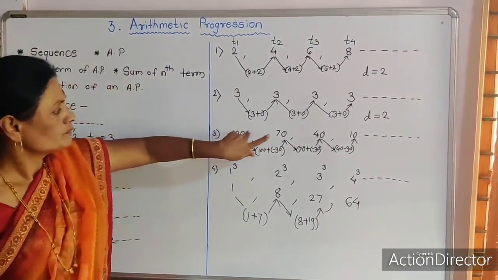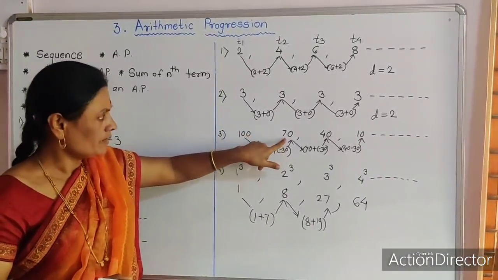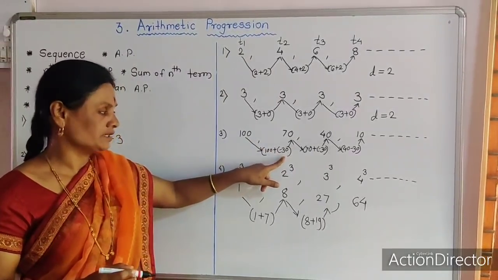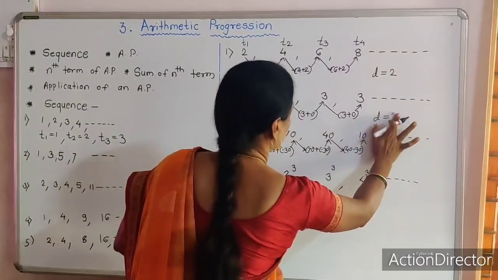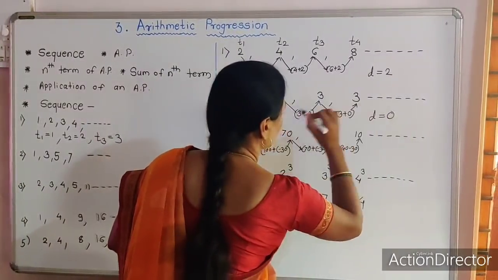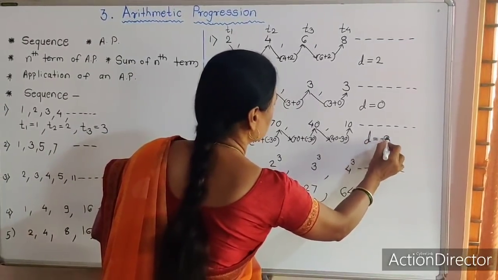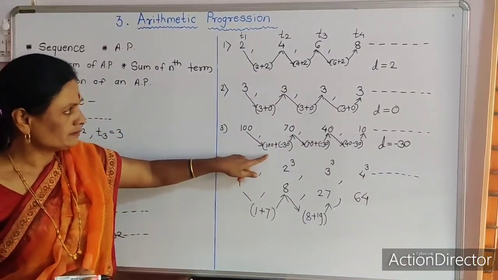Here T2 minus T1, 70 minus 100 we get minus 30, and here D is equal to 0. D is equal to minus 30.